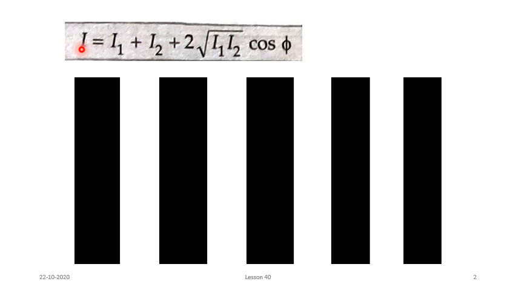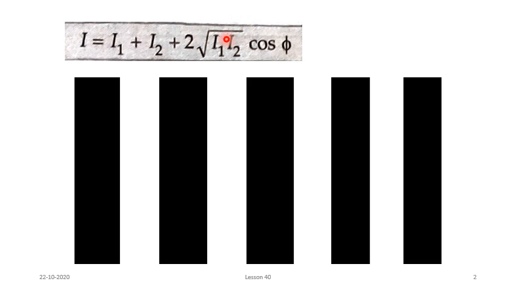Now, for the maximum intensity, all of these three terms have to be maximum. That is possible only if all of them are positive. As we know, the intensity from the first slit is positive, and so is the intensity from the second slit.